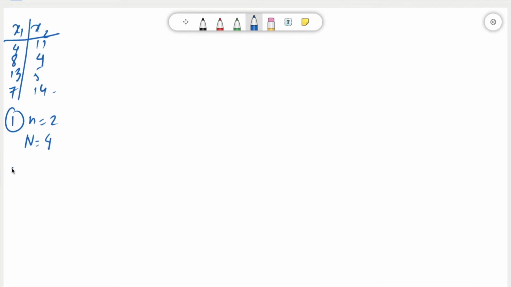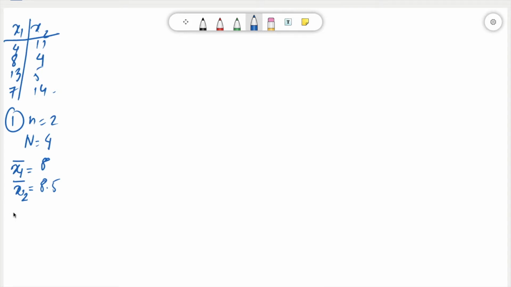If you find the mean of x1, x1 dash would be 4 plus 8 plus 13 plus 7 divided by 4. So 32 divided by 4 is equal to 8. And x2 dash will be 11 plus 4 plus 5 plus 14 divided by 4, which gives you 8.5. So we have calculated the mean of x1 and x2, the two features in our data set.